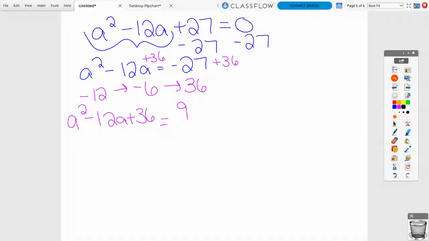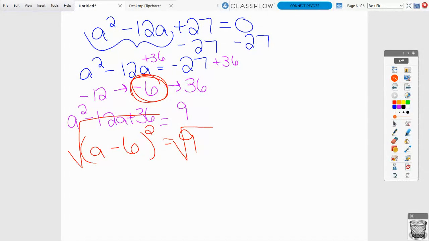Now I'm going to factor where it always factors into this format, and it is the middle number. So a minus 6 squared equals 9. We will then square root each side. We added the square root to the 9, so that's a plus or minus 3.